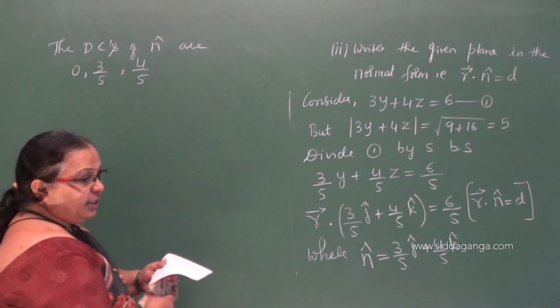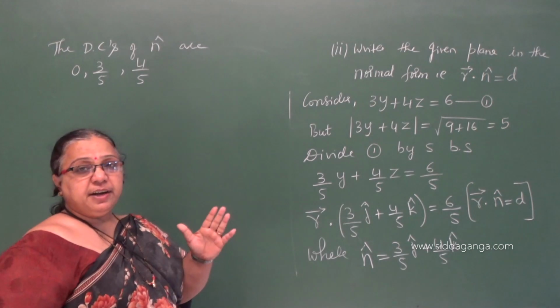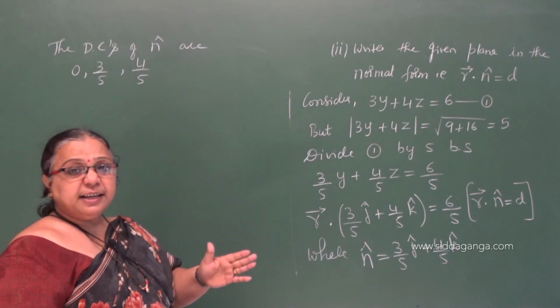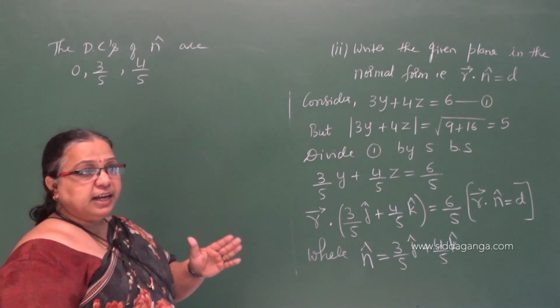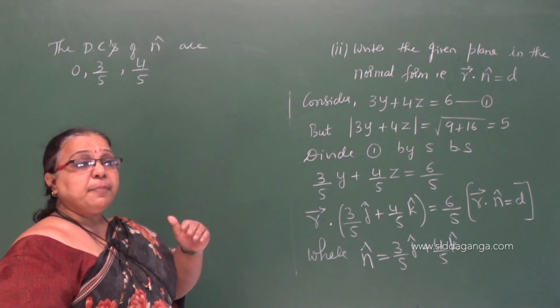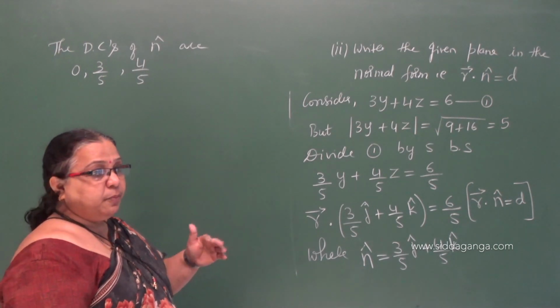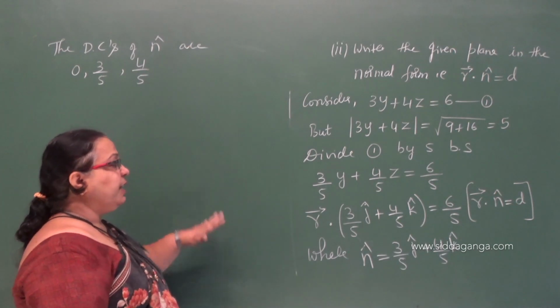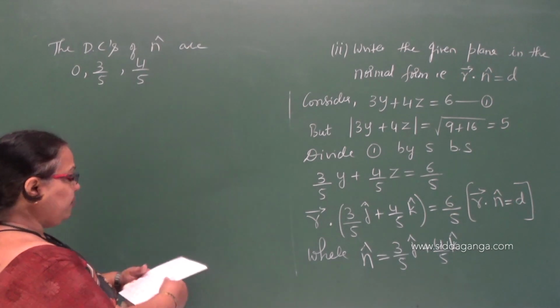Already we know that the direction ratios and the direction cosines of the line are proportional. Taking it as proportional, we will write the answer.